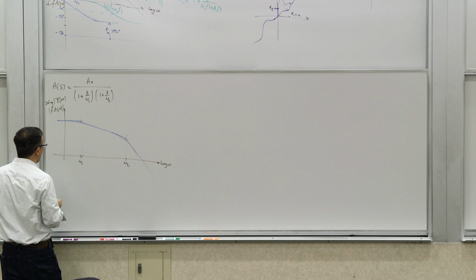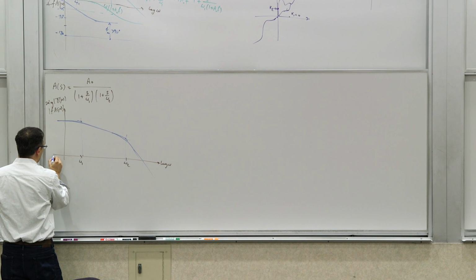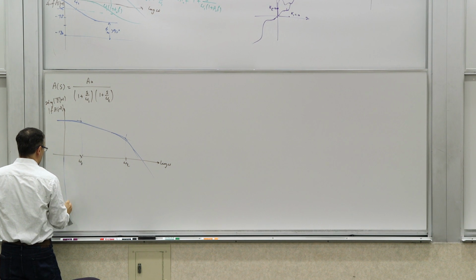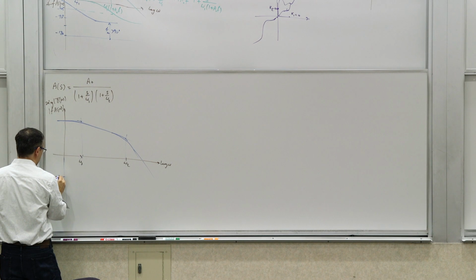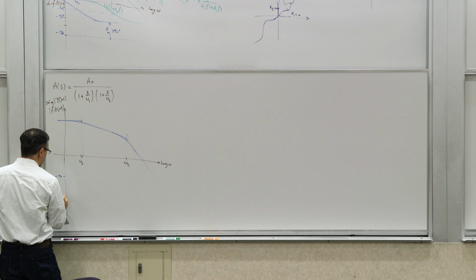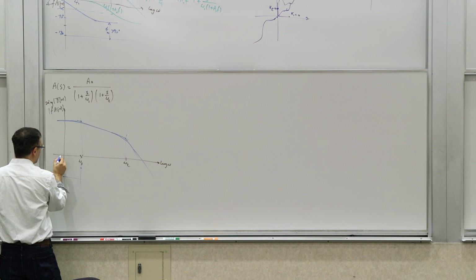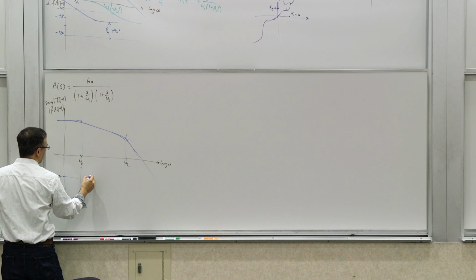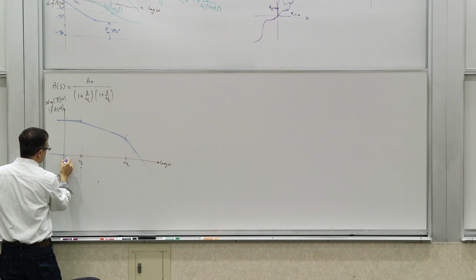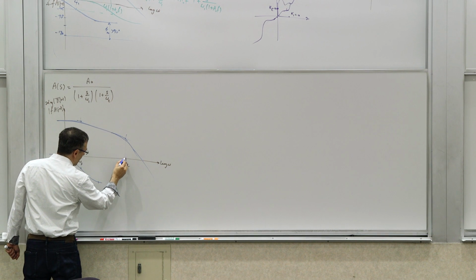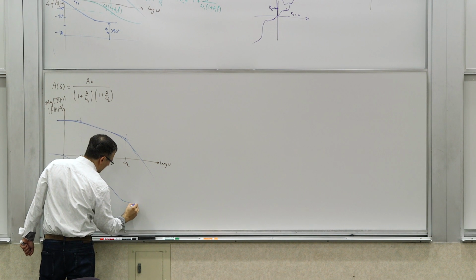Well, the phase response of the system, let's go down to here. So this is negative 90 degrees, this is negative 180 degrees. Each one of these poles will contribute a maximum of 90 degrees, starting from a decade below to a decade above. So you will get something like this here, and then this one kicks in, and then you get another one.